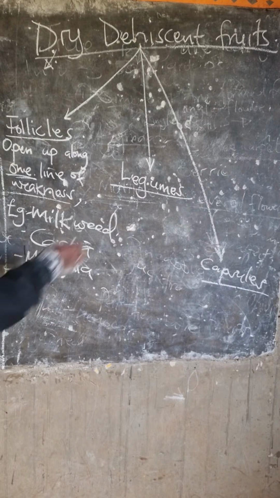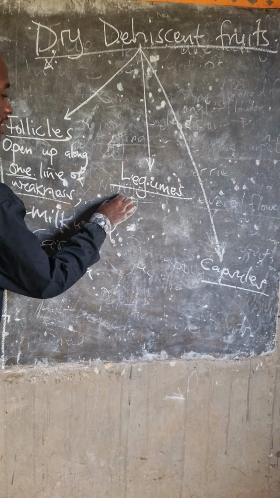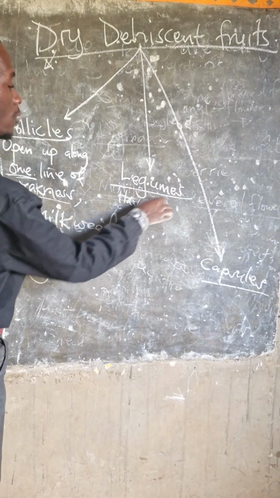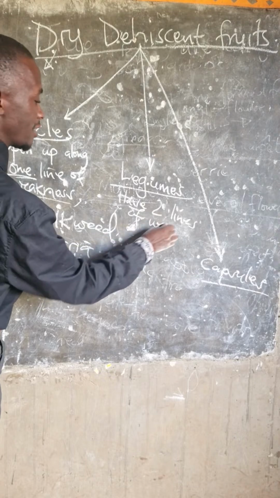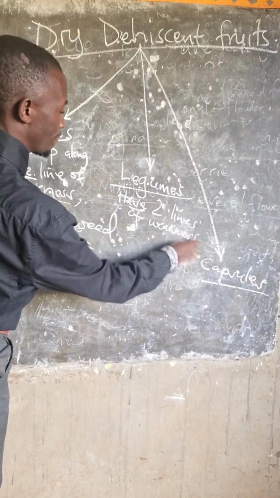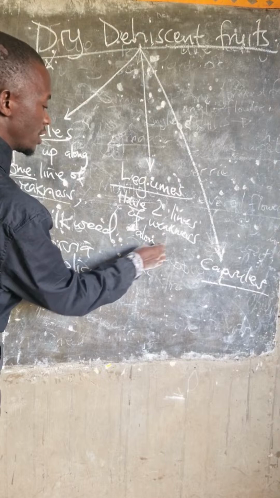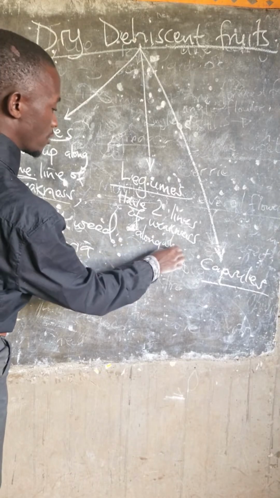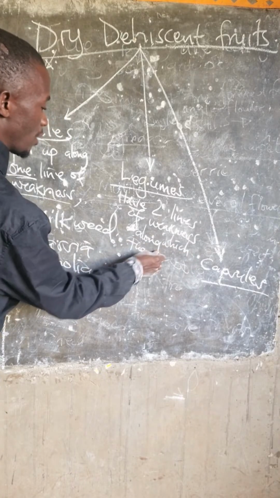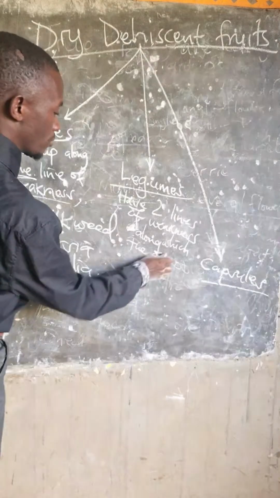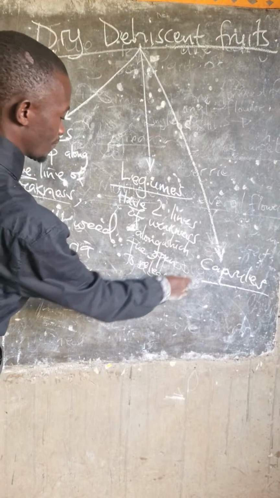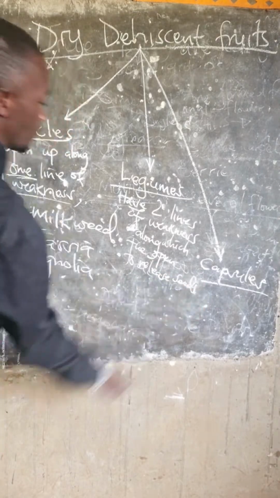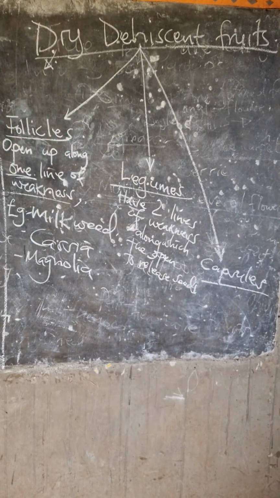We have what we call the legumes. These ones have two lines of weakness along which they open to release seeds. For this one, the examples are live.